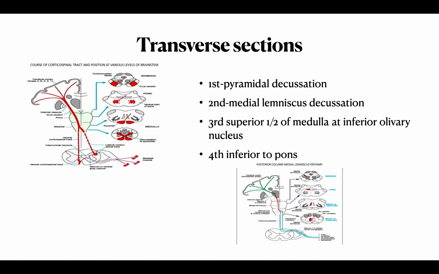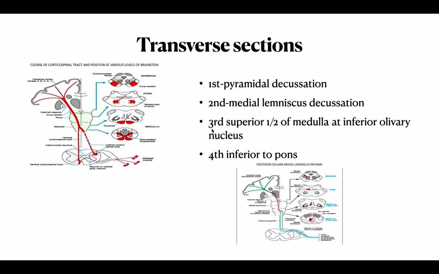Okay, so there are four transverse sections that people can categorize the medulla in. So the first would be the pyramidal decussation, so right at the pyramid. Second one would be the medial lemniscus decussation.